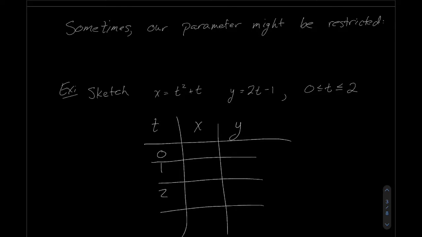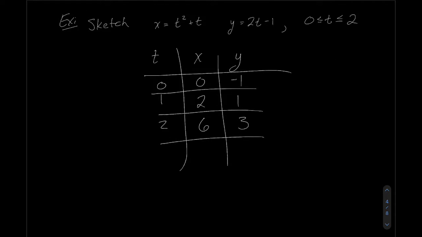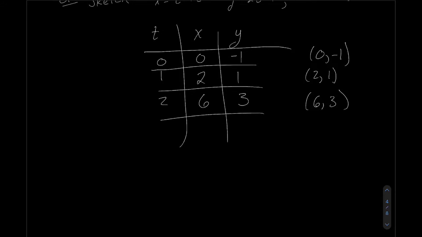If we need extra points, we'll throw them in just in case we need more clarification on what our chart looks like. So when t is 0, x is 0, y is -1. When t is 1, x is 2, and y is 1. And when t is 2, x is 6, and y is 3. So these correspond to the points (0, -1), then it moves to (2, 1), and then it moves to (6, 3).